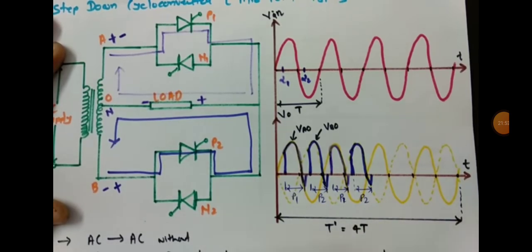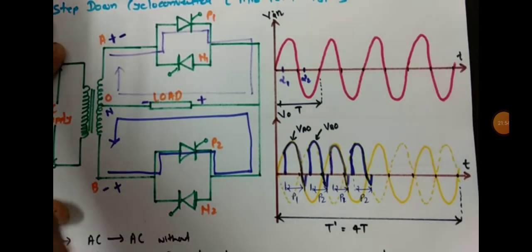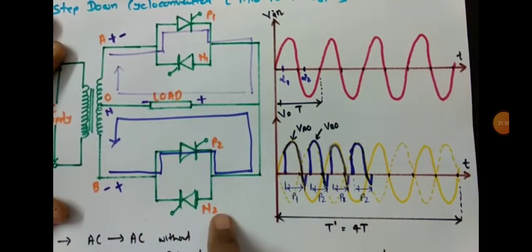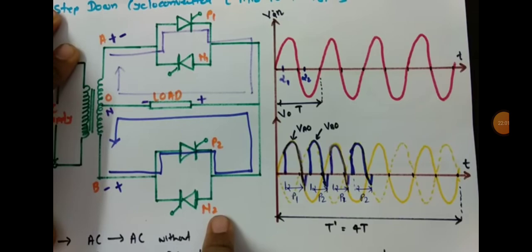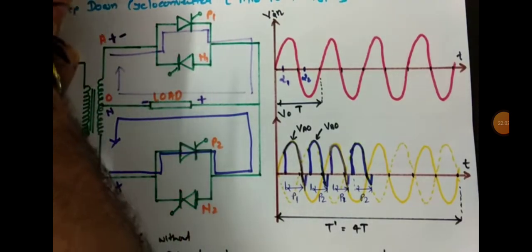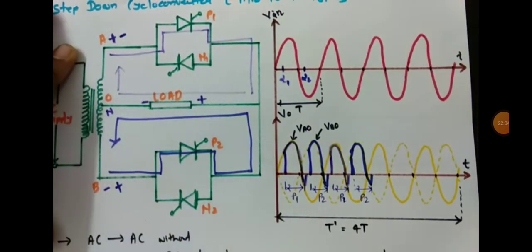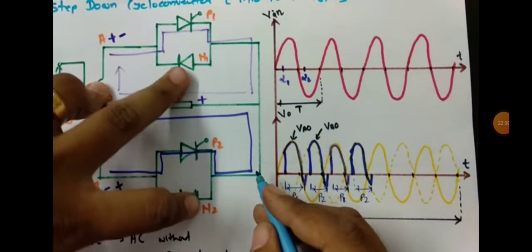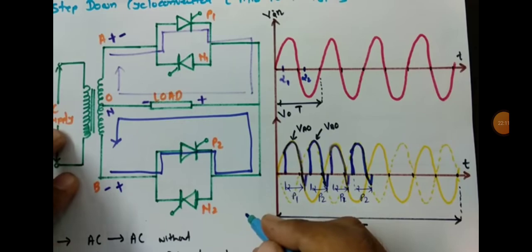Now I will be triggering the other SCRs, N1 and N2, to get the negative half. So I will trigger N1 and N2 to get the negative half.